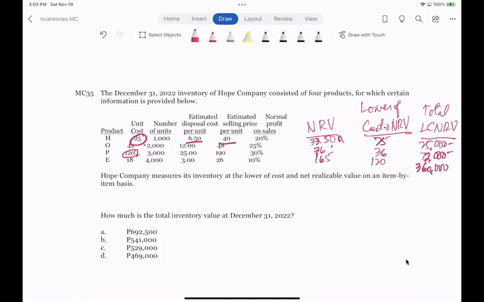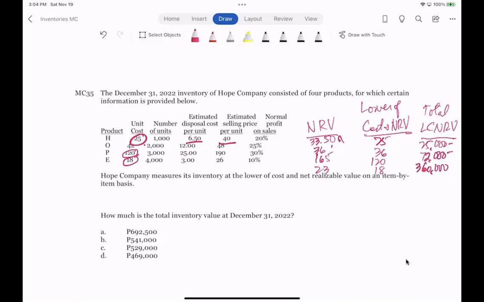And for E, unit cost is 18. So estimated selling price is 26 minus 3. So therefore, your NRV is 23, but the lower is 18. Therefore, that is lower of cost and NRV, that's 18.